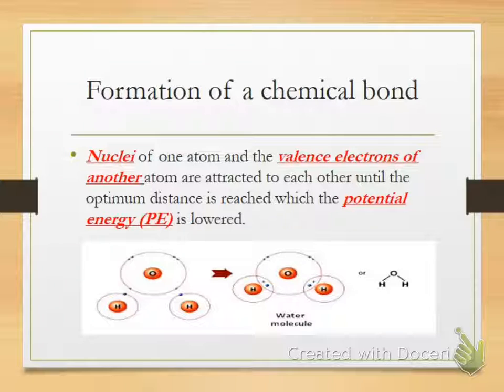So the formation of a chemical bond, it's the nuclei and the valence electrons. And again, this is the second time that I've said it, so it must be important. The potential energy is lowered. Okay? Yes? This is covalent, so is it supposed to say chemical? Formation of a covalent bond.